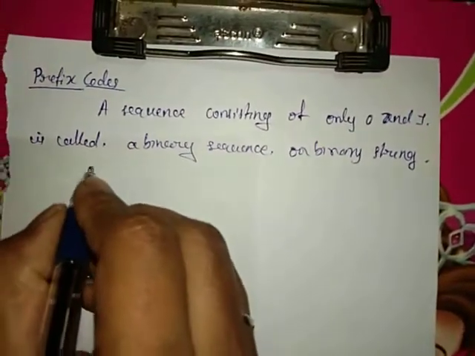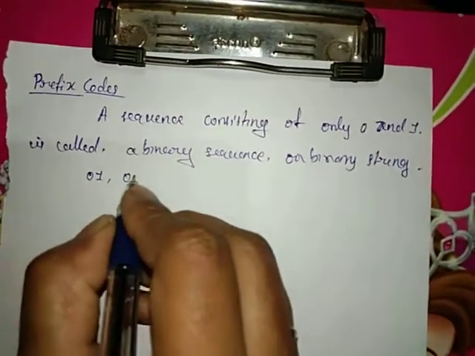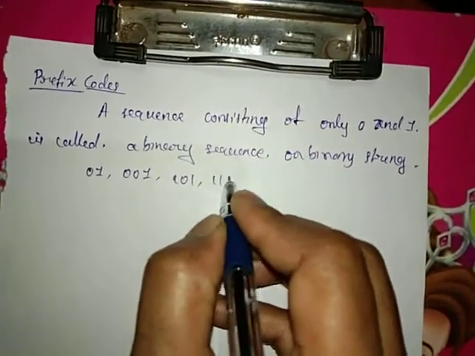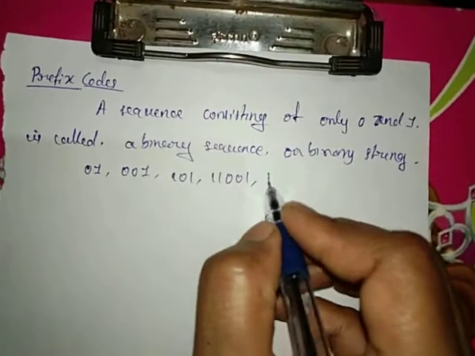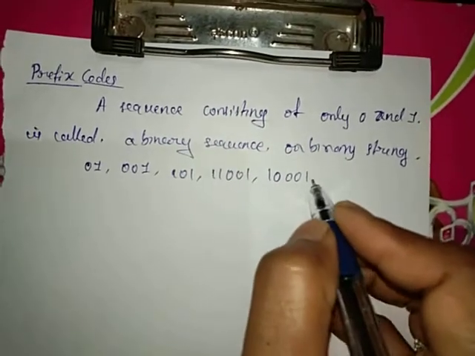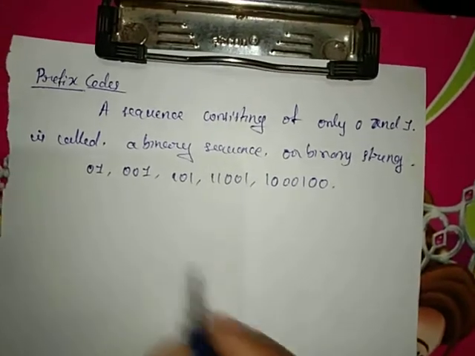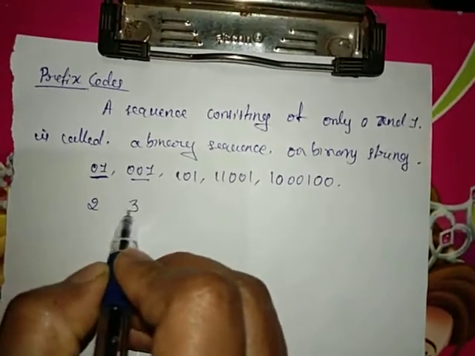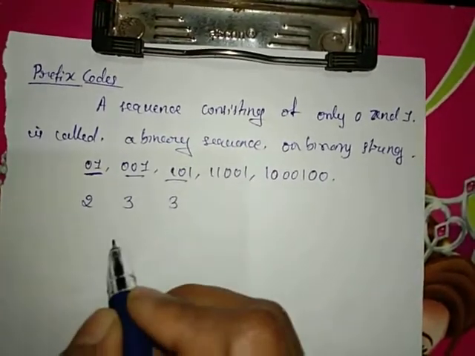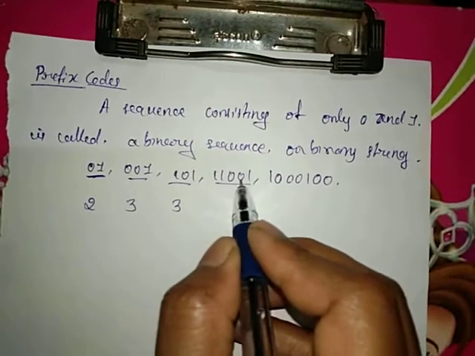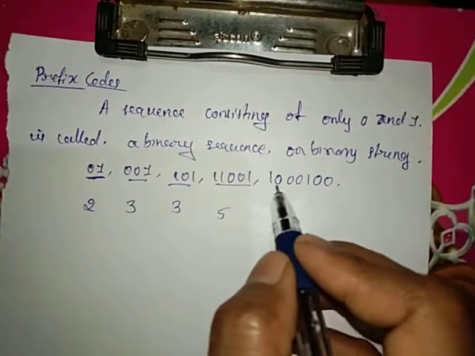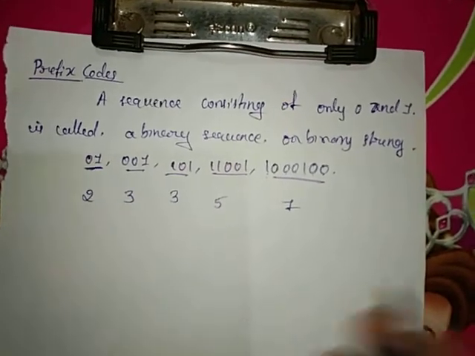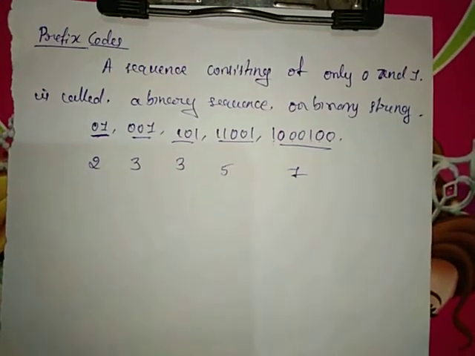Examples are 01, 001, 101, 11001, and 100100. The first has length 2, the second has length 3, this also has length 3, this has length 5, and this has length 7. So these are the lengths of the binary sequences.